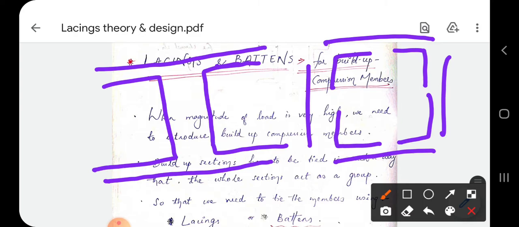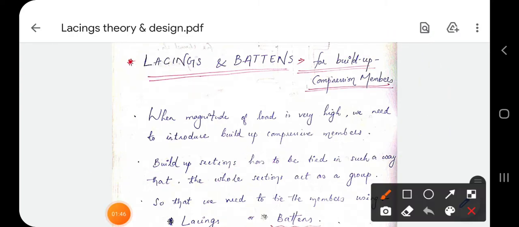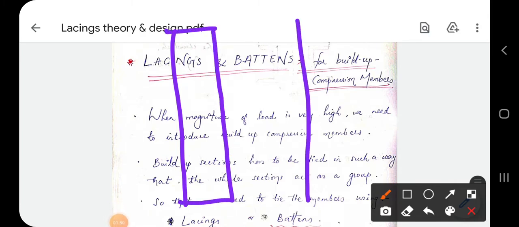Now we can see a front view. Suppose we take the first one, the channel section, and from the front we can see the channel sections like this.